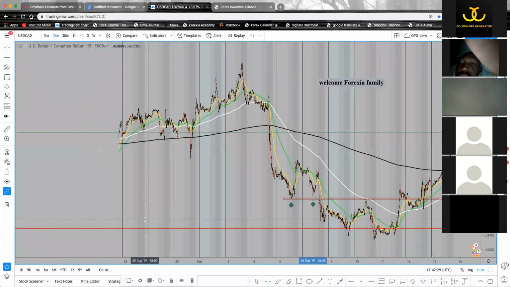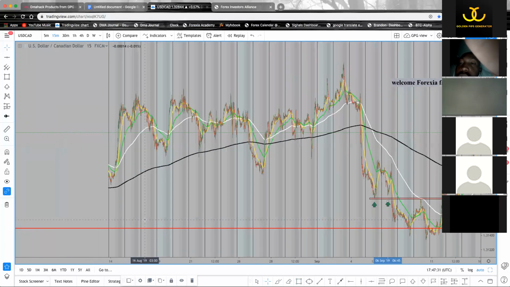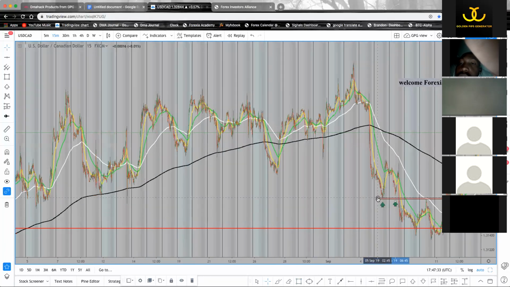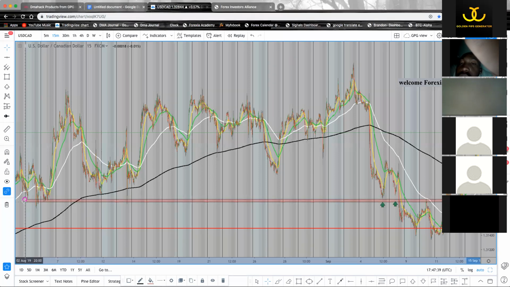If you go back in the history of this zone, there you go, you will see that this was not the first time this zone was being played.